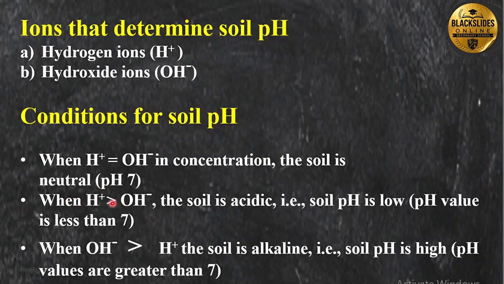When the number of hydrogen ions is greater than the number of hydroxide ions, such a soil is considered to be acidic. It also follows that when the number of hydroxide ions is less than the number of hydrogen ions, then the soil sample is acidic. And when the number of hydroxide ions is greater than the number of hydrogen ions, then such a soil is considered to be alkaline, having a pH greater than 7.